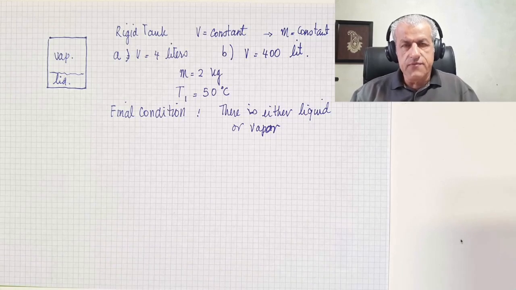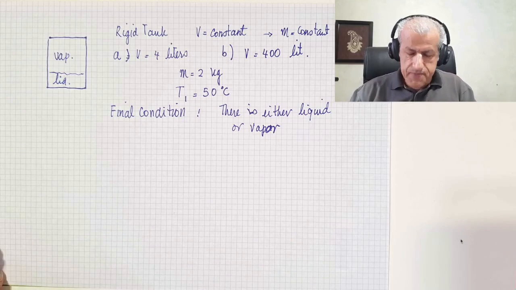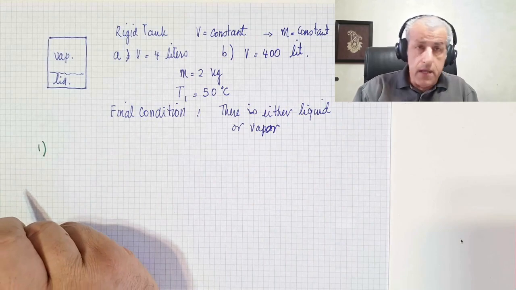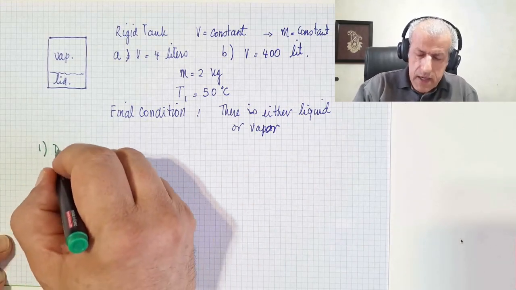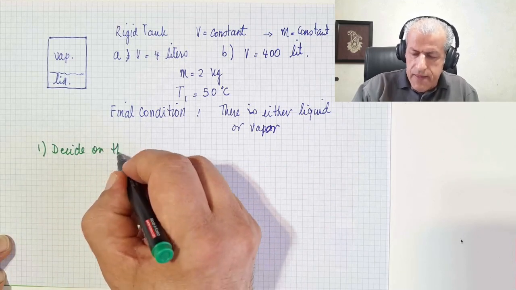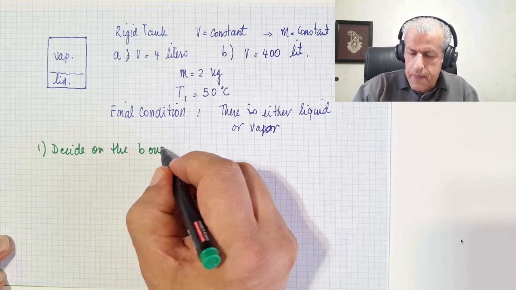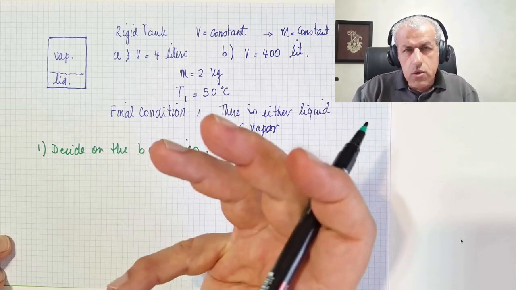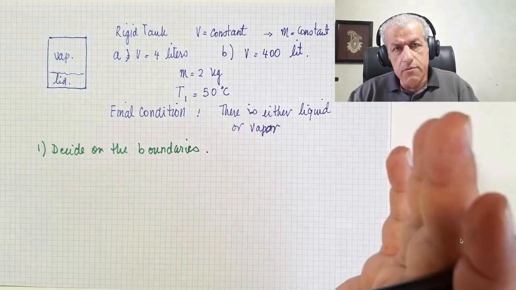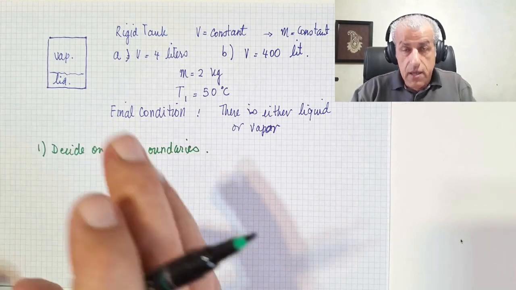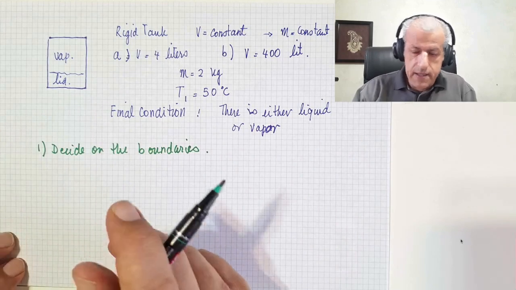Our process for solving such problems, as usual, has 5 steps. The 5 steps are: 1, decide on the boundaries that you want to solve, decide what you want to solve. You don't want to solve all the problems in the world. You just want to solve a special area, and decide on it.